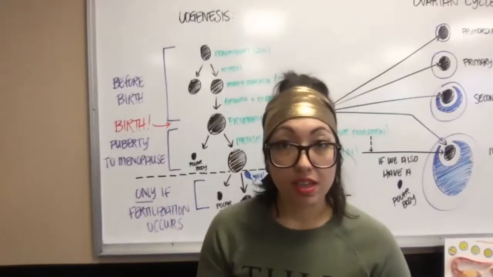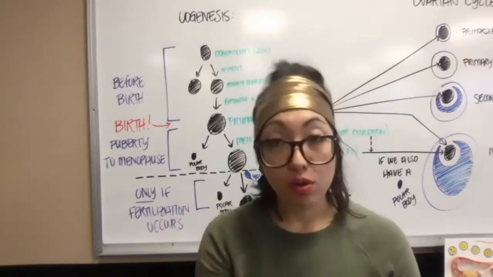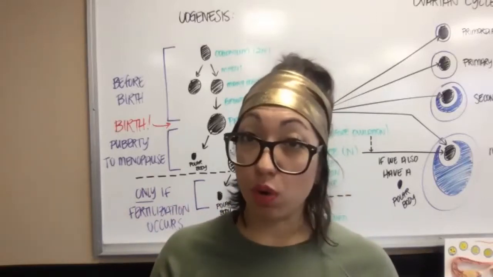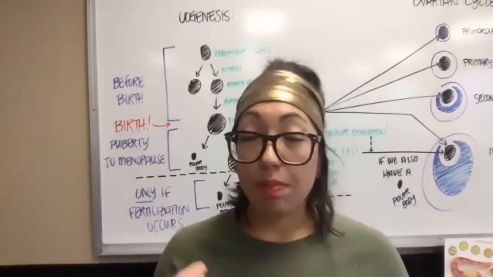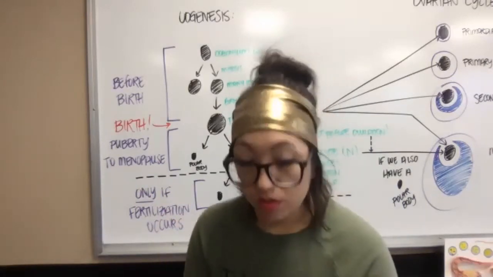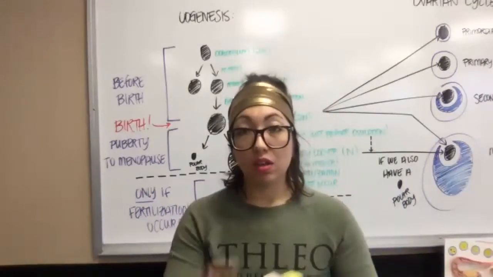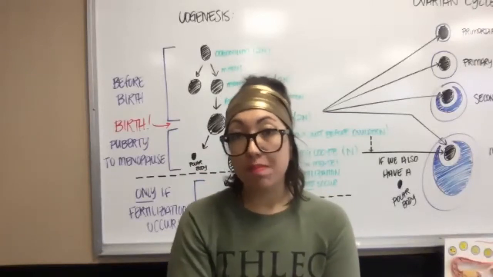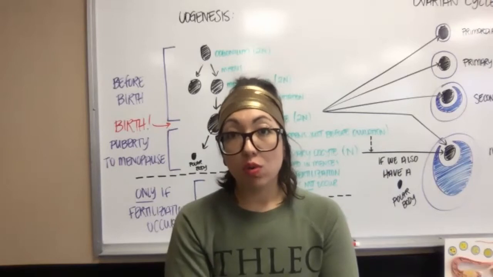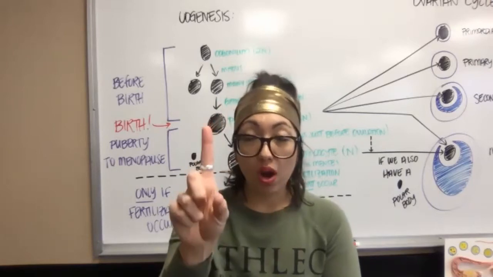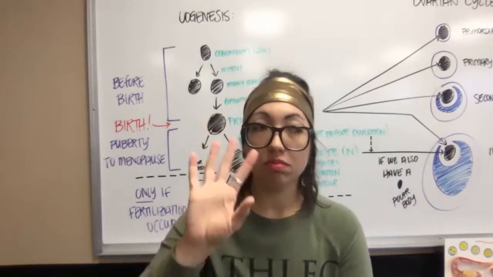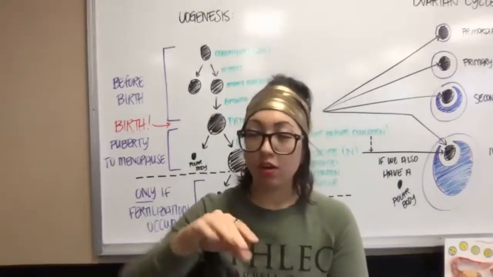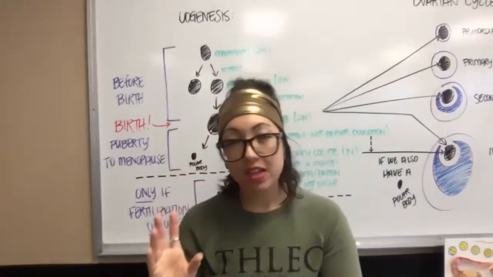Because obviously, even at puberty, we're saying we have approximately 400,000. A little foreshadowing of what we're going to look at: every month a female is going to ovulate 1 oocyte, typically.